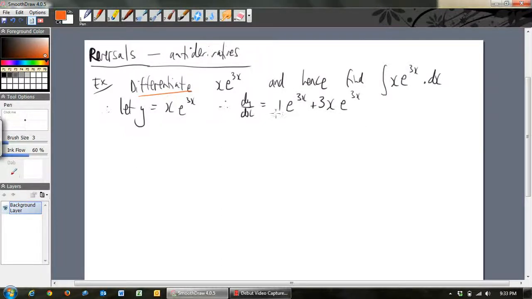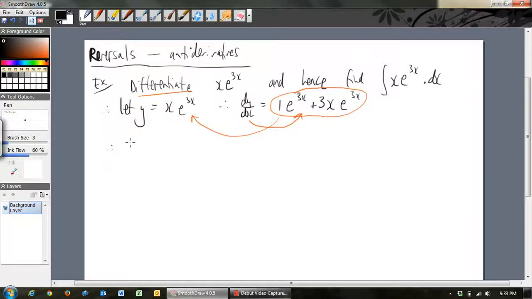What we've done is gone in this direction. The derivative of y is that, so that means the integral of all of this is equal to that. We're just going in the opposite direction now. Let me write that down.